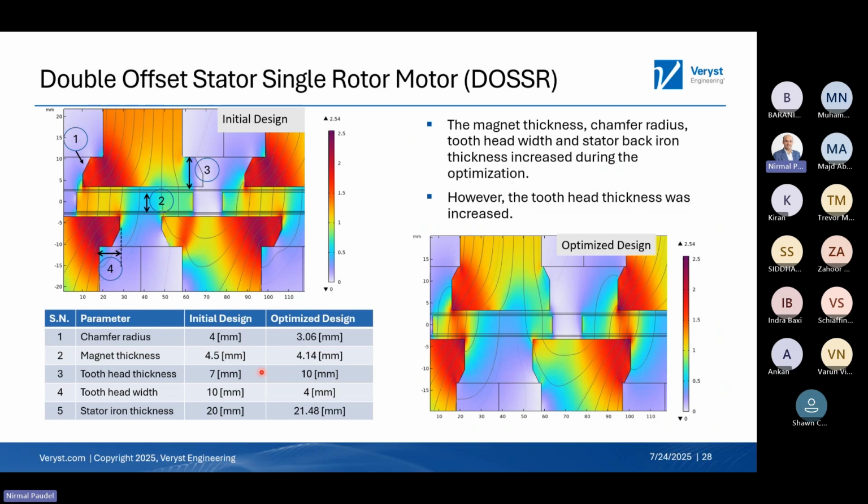But tooth head thickness is now going up, and then tooth head width. So the width of this one is the overlapping width. Actually, it's becoming shorter. As you can see here, it's getting taller but shorter. Now, the stator iron thickness has gone up just to about 1.5 millimeter.